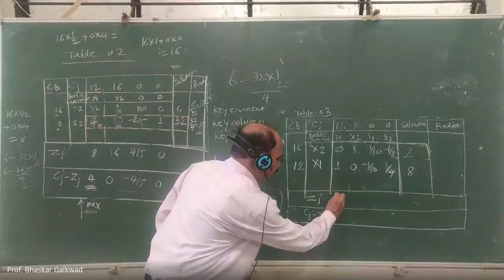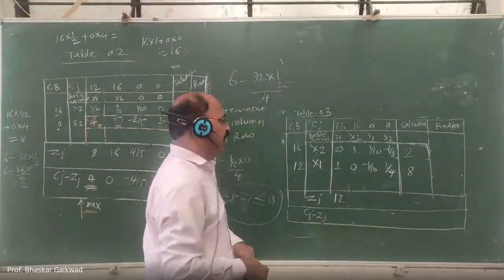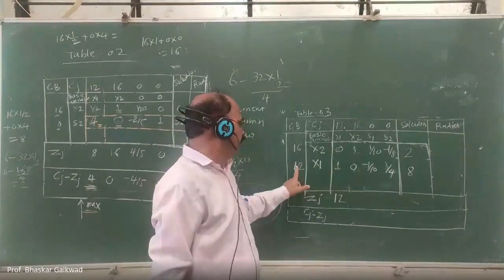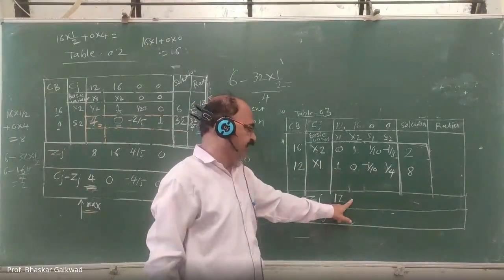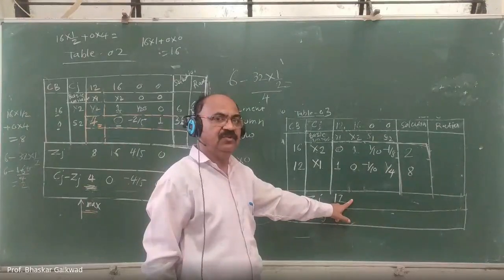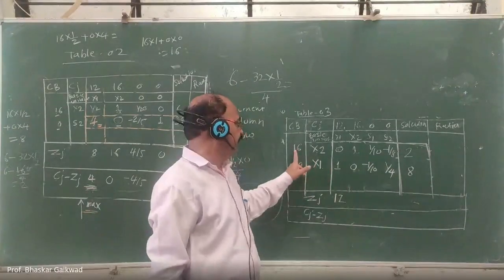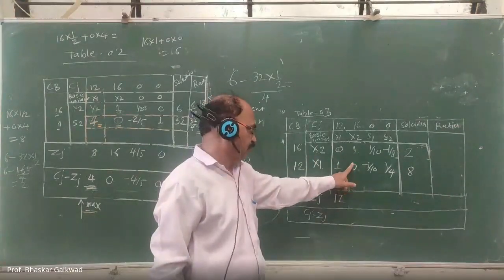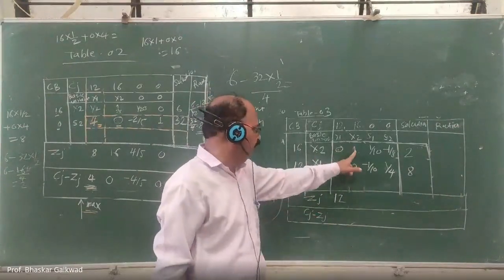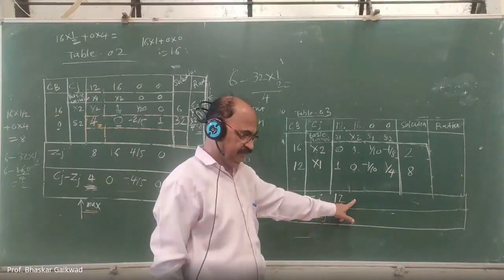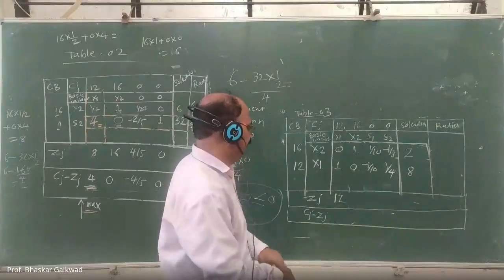So here we can write 12. After that, 16 into 1 plus 12 into 0. How much here? 16. So here 16.